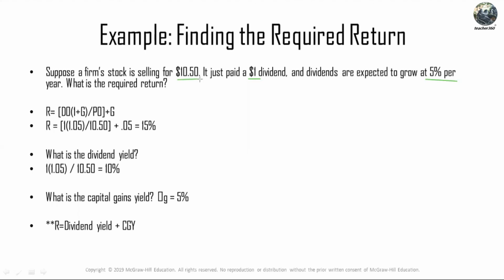Then you will get a required return of 15%. Here you can also separately find the dividend yield using the dividend yield formula, and the capital gains yield using the capital gains yield formula, which is growth. So here the required return is dividend yield plus capital gains yield.